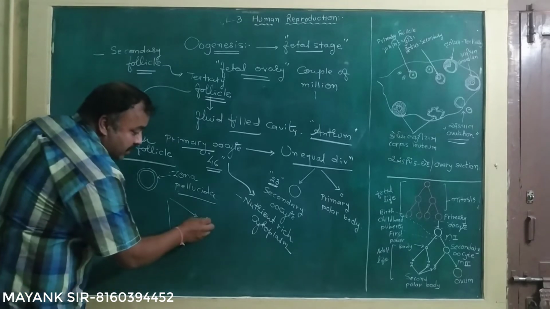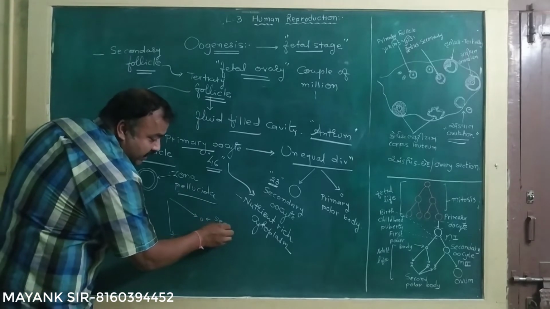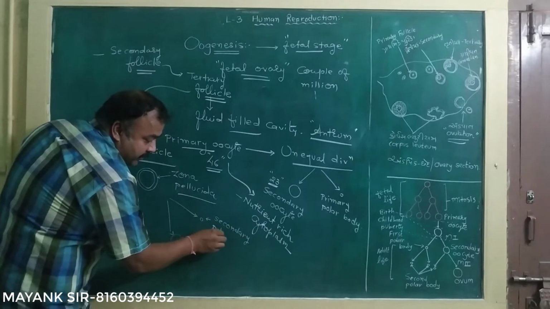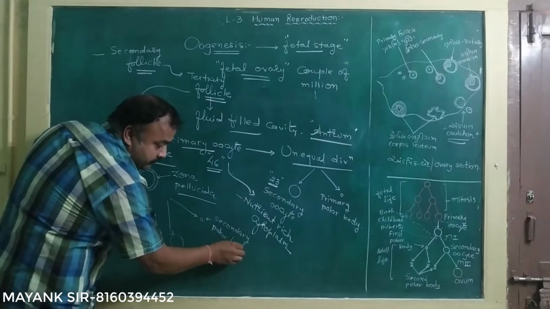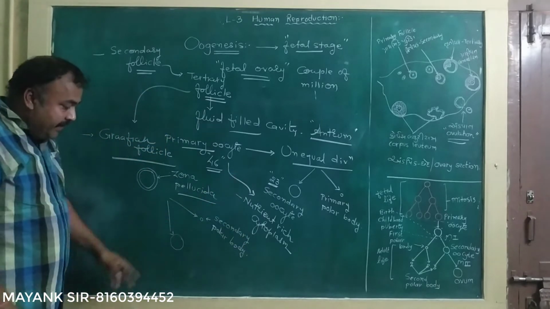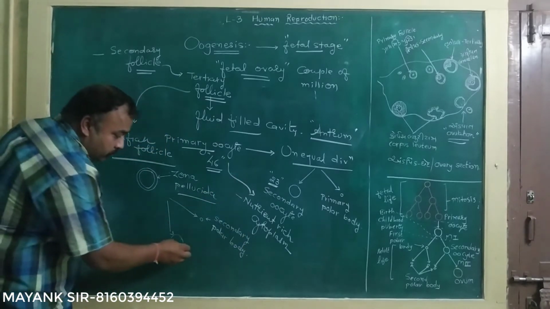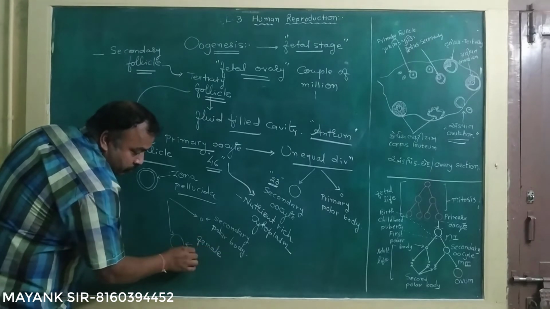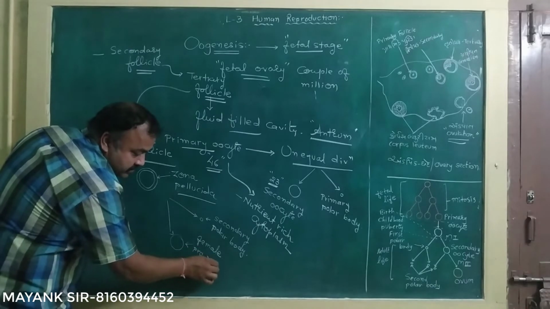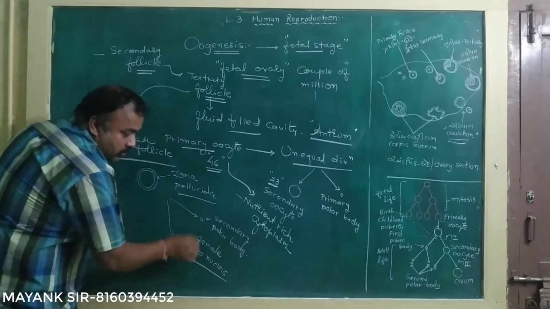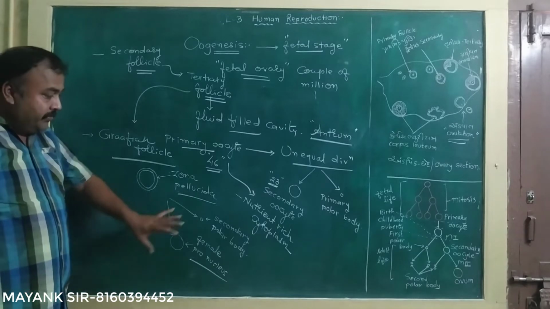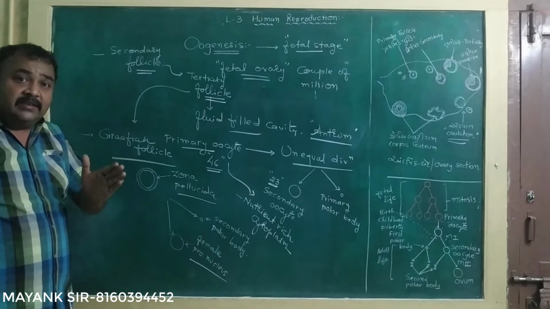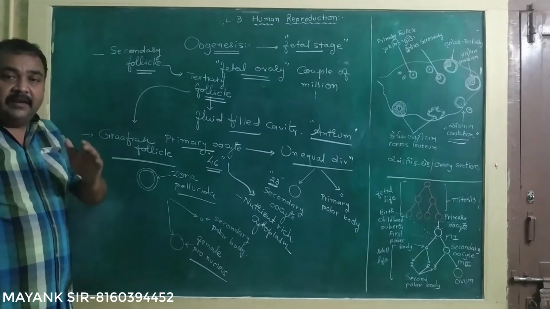The smaller one is known as the secondary polar body, and the larger one will be known as the female pronucleus. This only occurs when the sperm fertilizes the ovum, only then.